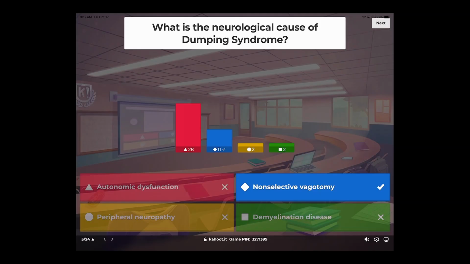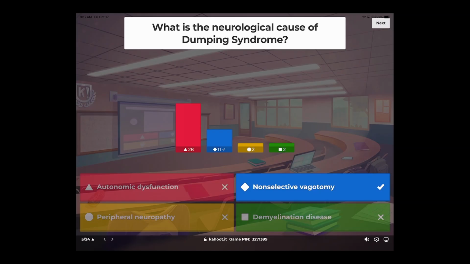MS? GBS. MS and GBS are the only two demyelinating diseases we've learned so far. Non-selective vagotomy. You cut the vagus nerve, causes dumping syndrome.